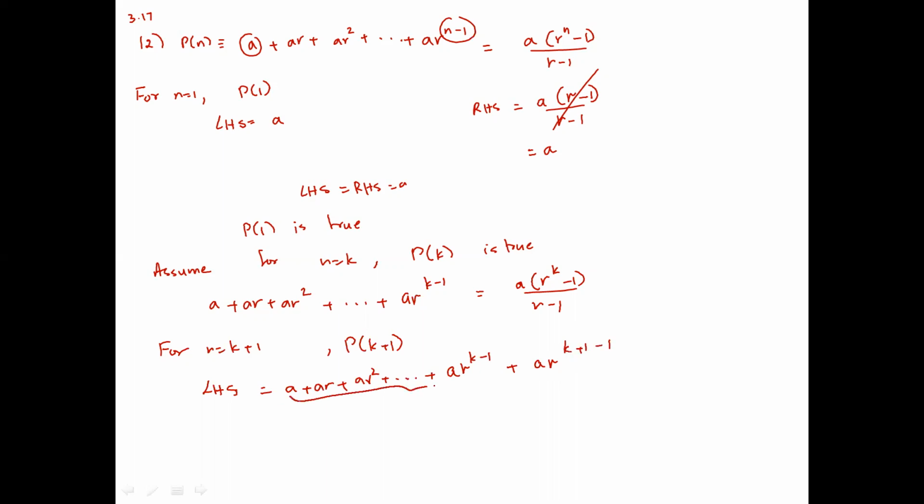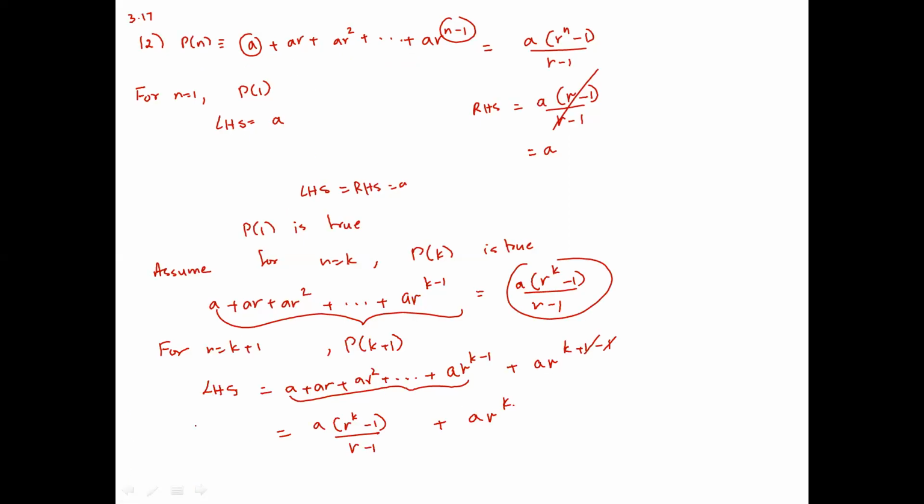And so the first few terms from P of k, we can write as a into r power k minus 1 by r minus 1. And then the next term is a into r power k. So now we have to simplify this part. I will take r minus 1 as the common denominator. So on top we have a into r power k minus 1 plus ar power k into r minus 1.